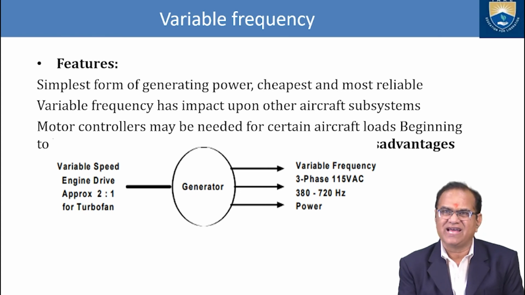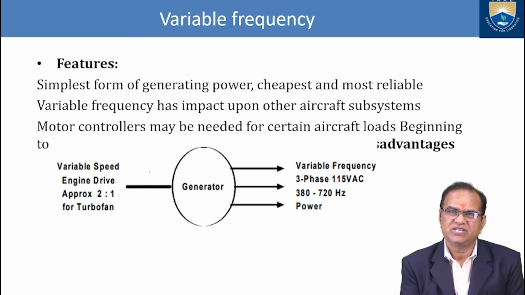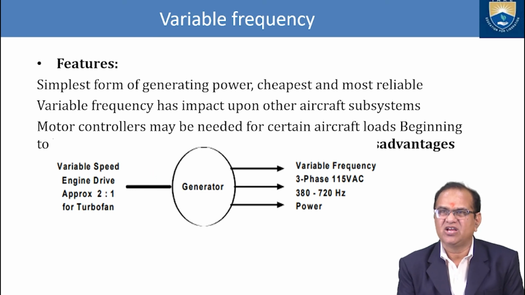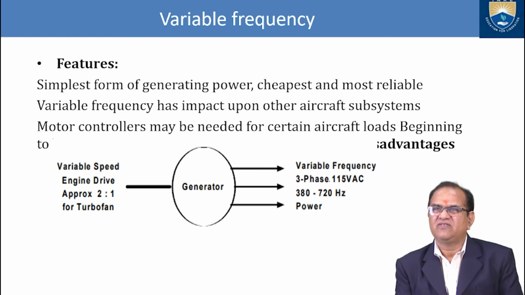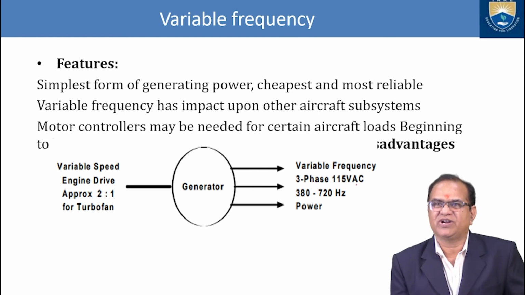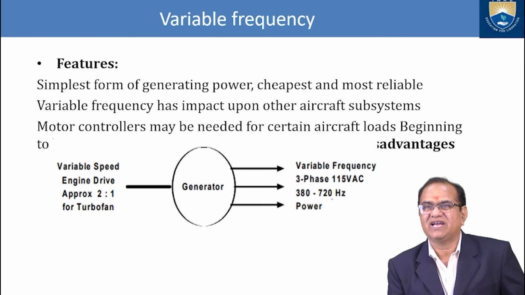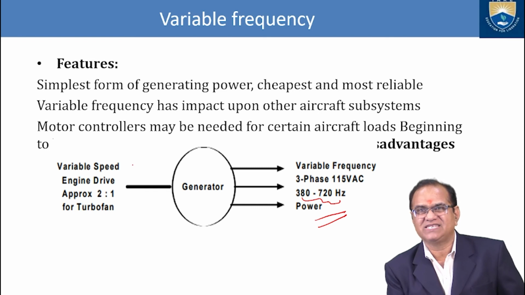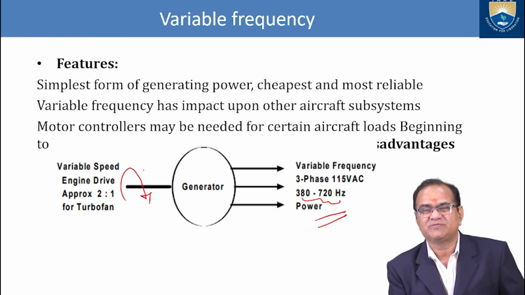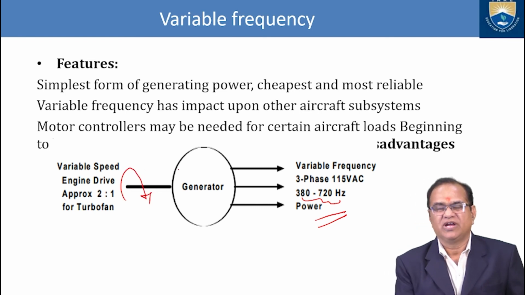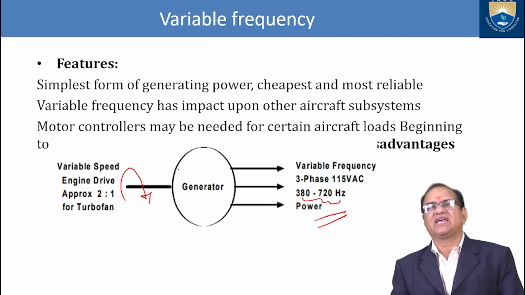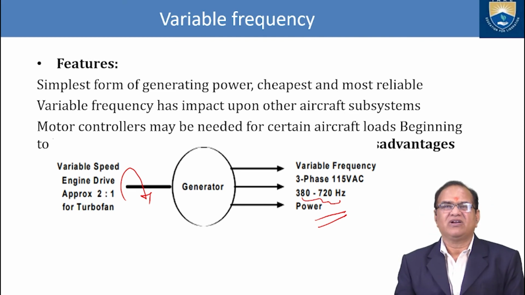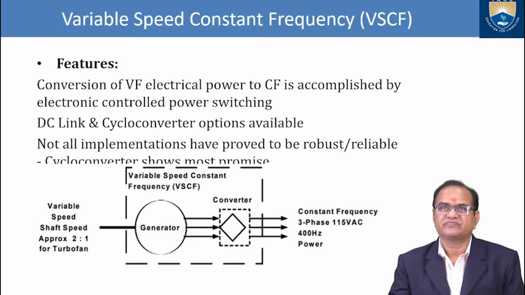This gives direct output. Here there is no speed controller. Directly we get a variable frequency, 3-phase 115 volt AC, 300 to 720 hertz power. This frequency will vary because the speed is also varying. Speed is not constant. So this variable frequency we can use for different purposes.